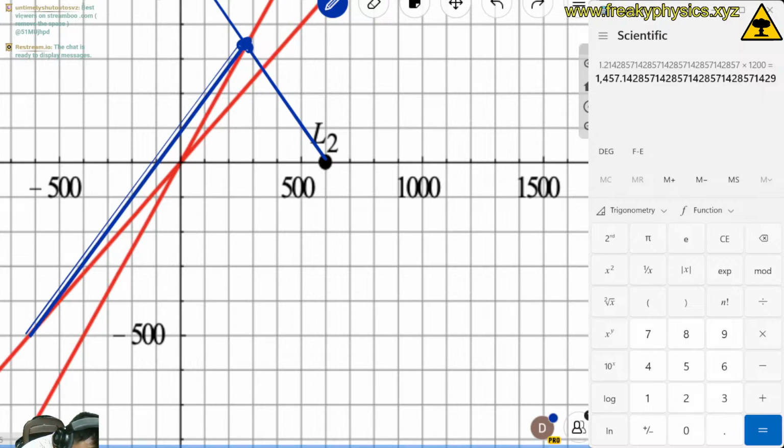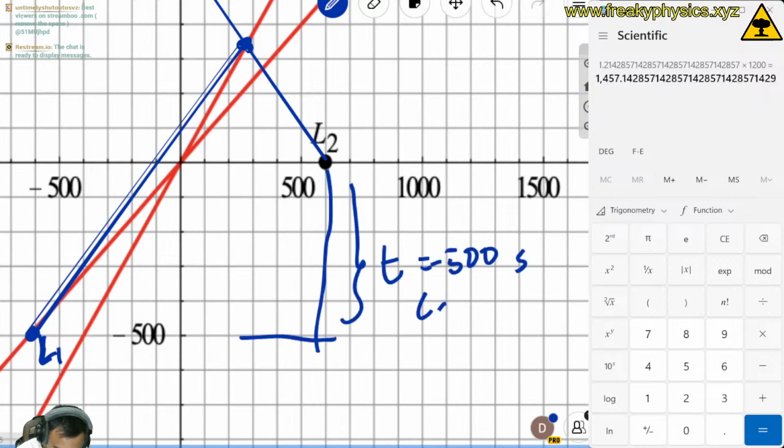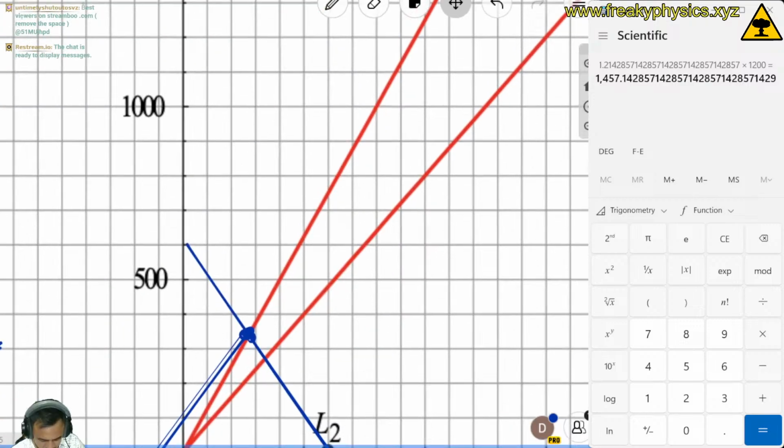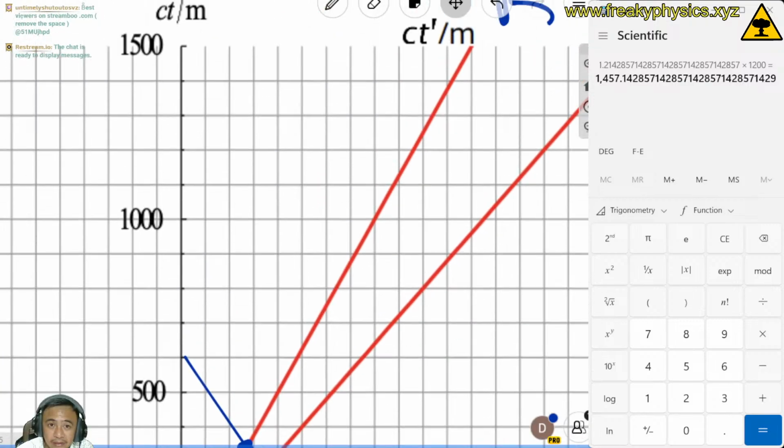So that more or less corresponds to what time was it sent over? When was L1 happening? L1 is according to S. Let's just label it according to S. All right, let's get rid of that.